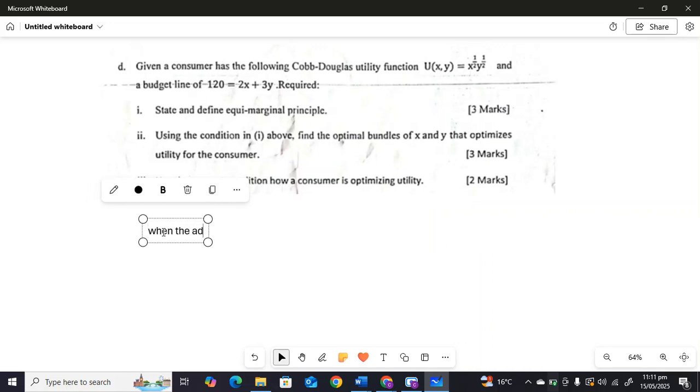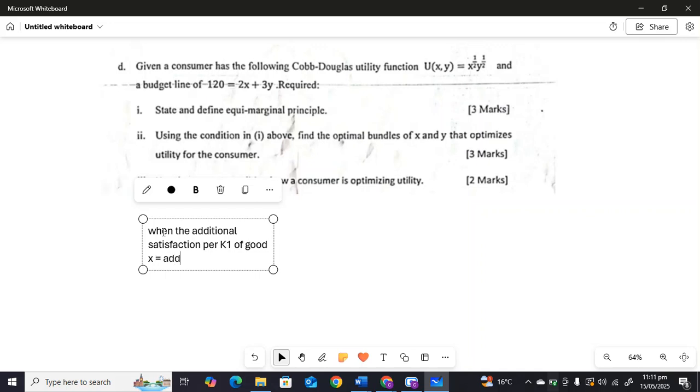When the additional satisfaction per one quadrant of good x equals the additional satisfaction per one quadrant of good y, then the consumer maximizes utility.